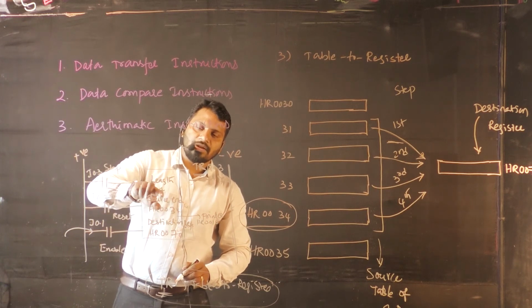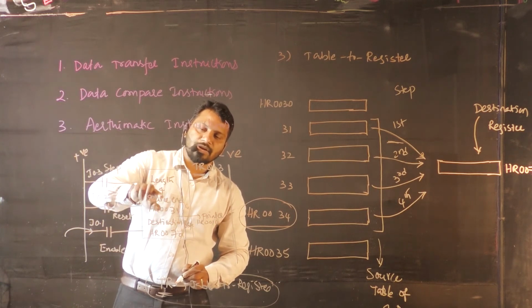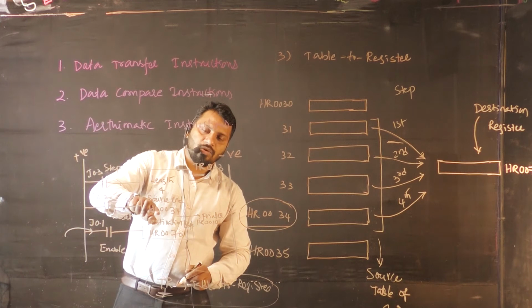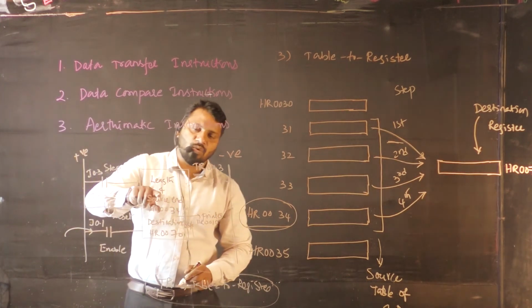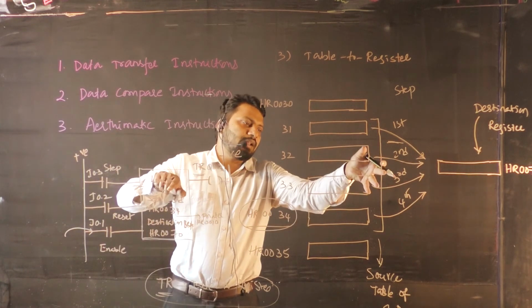How many registers are there in the table? What is the source end in that particular table, and what is the destination register?